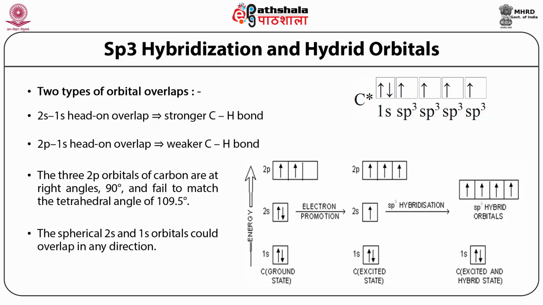As has been discussed before, there is a small energy gap between the 2s and the 2p orbitals, as shown in the figure below, and so a small amount of energy is required to promote an electron from the 2s to the empty 2p orbital.